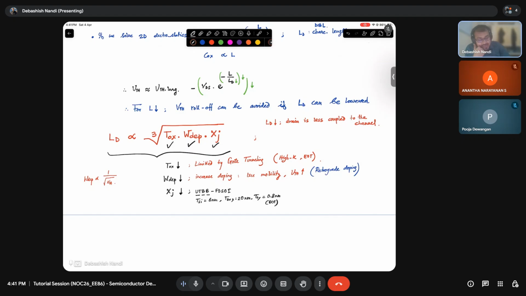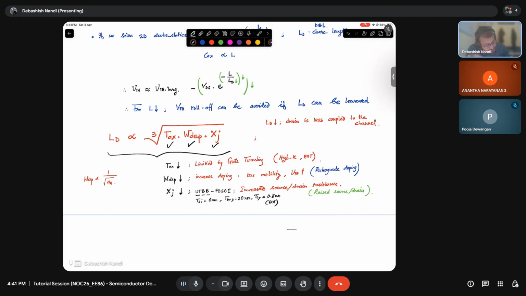Fine, but what is the limitation? Increased source and drain resistance, right? Because current is flowing through a very narrow region. If current is flowing through a very narrow region, your resistance will increase, IR drop will increase, which is not good. So this led to the invention of raised source drain architecture. That means what?